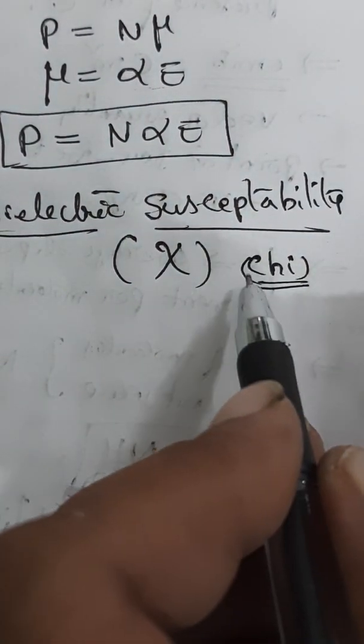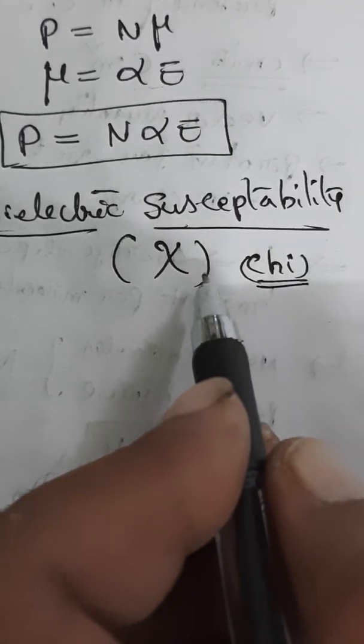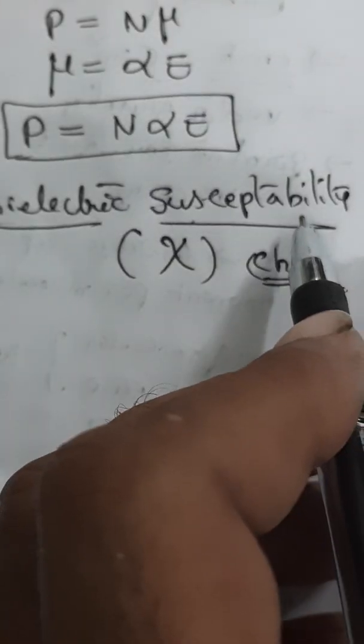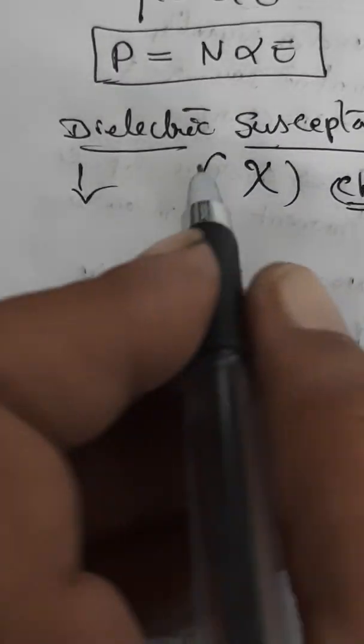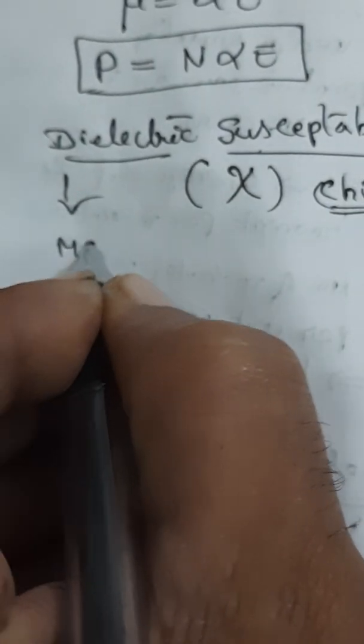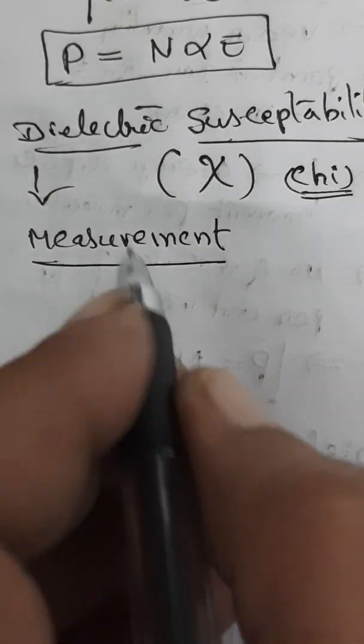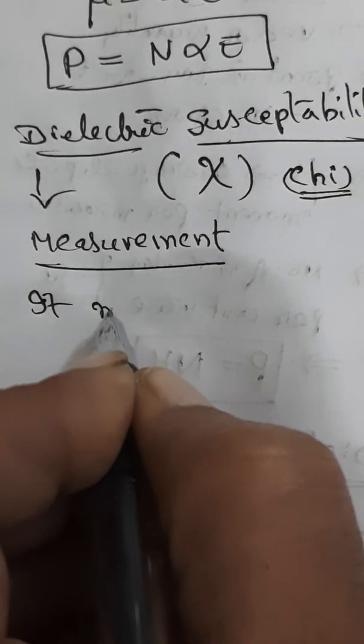Therefore, it is pronounced as psi. Dielectric susceptibility. What does dielectric susceptibility mean? It is nothing but a measurement. That means you can calculate something with susceptibility. Now what does it measure?